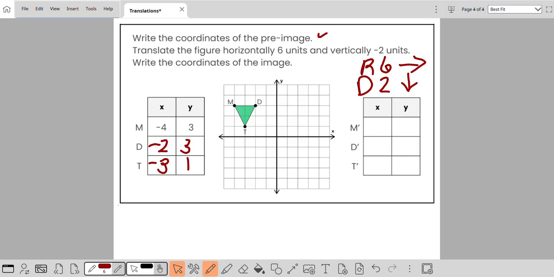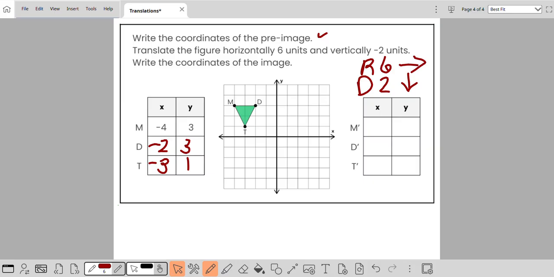The right and the down I just did to reinforce what I was doing, but you don't have to draw that. But I would definitely draw the 6 with the arrow to the right, because that 6 is positive, and the 2 with the arrow down, because that is a vertical move, which means down.